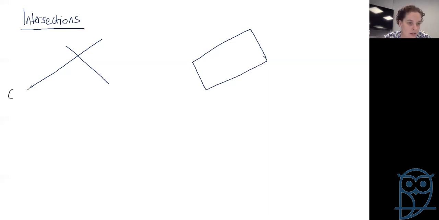So let's just give ourselves some numbers. Let's call this one 1, 2, which would make this one 4, 5, this one 4, 2, and this one can be 3, 3 for fun and games.